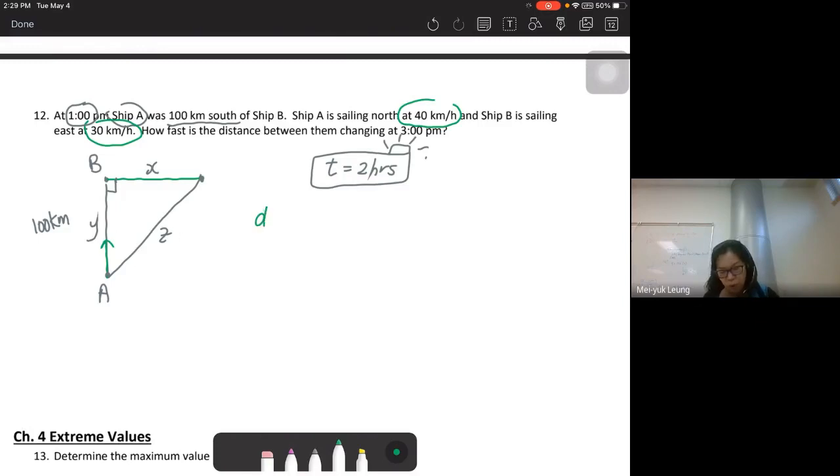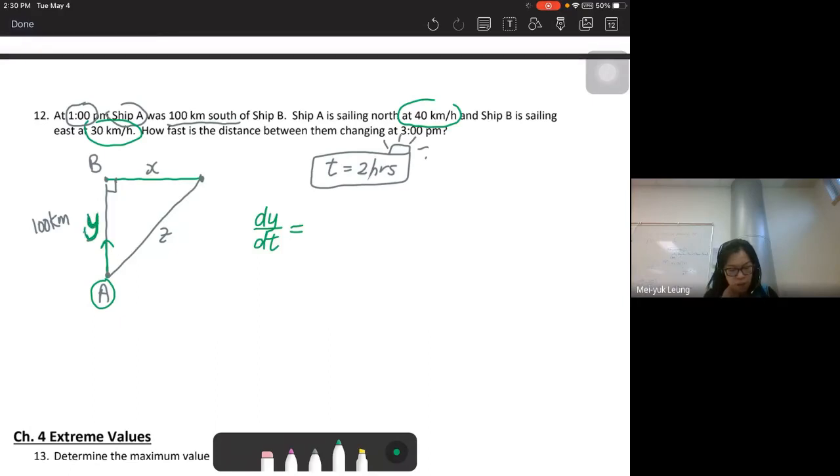So what do we know about dy/dt? dy/dt is talking about the speed, how fast ship A is traveling. Ship A is traveling at 40 kilometers per hour. Does it mean that dy/dt has a positive rate? It all depends on how I define the variable y.